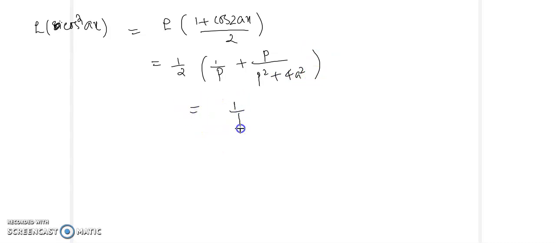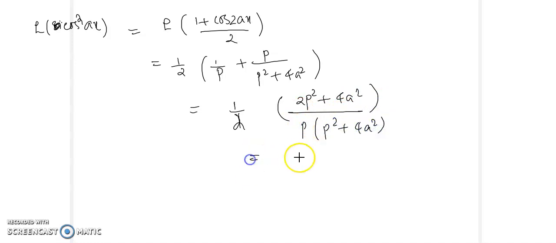So that will be 1 by 2 [(2p square plus 4a square) by (p into p square plus 4a square)]. So that 2 will cancel off. So you will get (p square plus 2a square) by p into (p square plus 4a square). So that is the required Laplace transform.